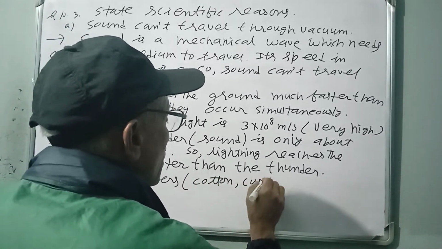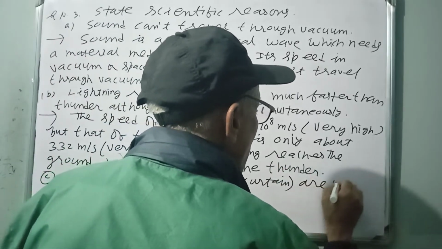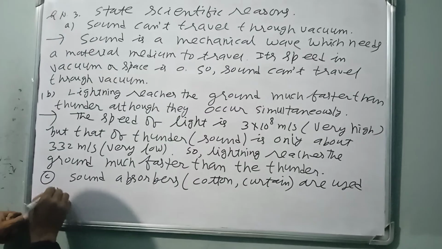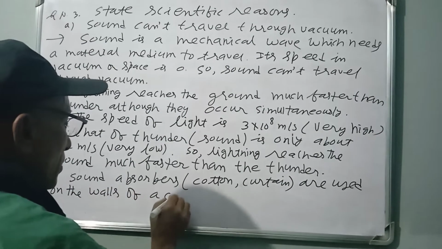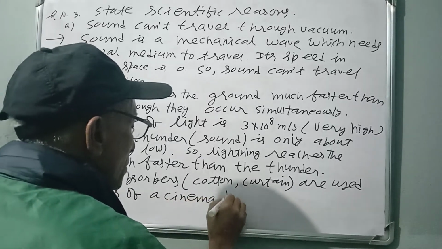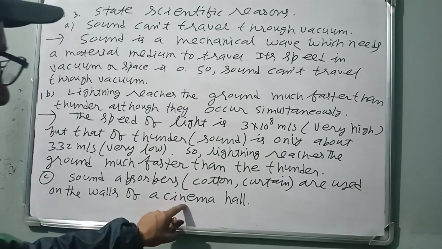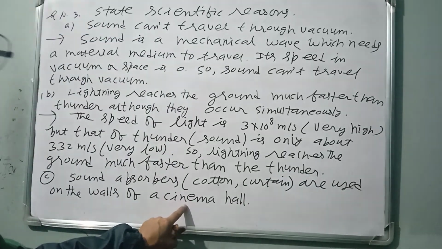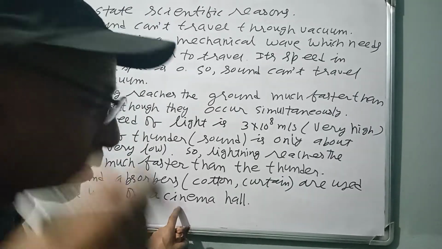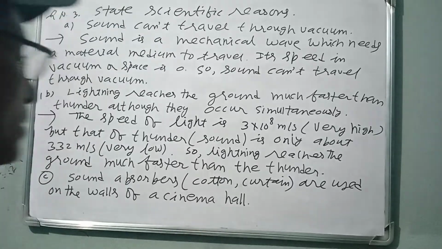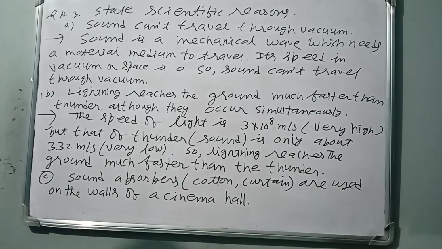Cotton, etc. Sound absorbers are used on the walls of a cinema hall or lecture hall. If you say cinema hall, you have to say to hear the dialogues and music. If you say lecture hall, to listen to the lectures. Sound absorbers are used on the walls of a cinema hall.